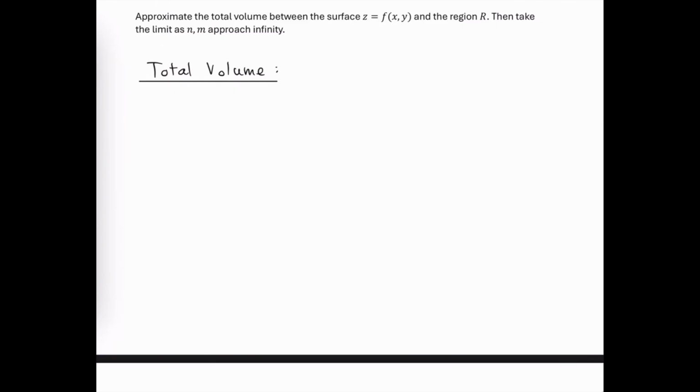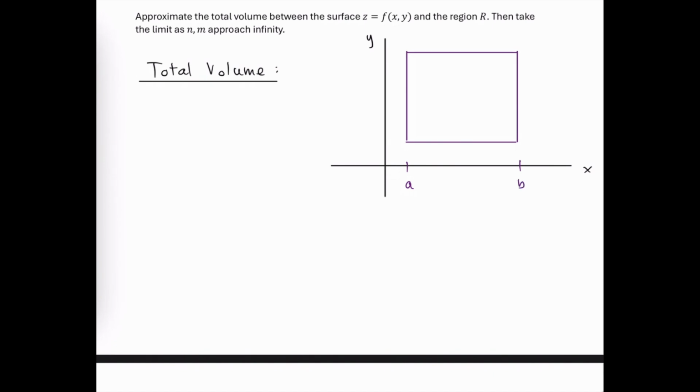So in order to talk about an approximation for the total volume, let's take a close look at this rectangular region in the two-dimensional floor, where x went from a to b and y went from c to d. We're basically considering the ith subinterval in the direction of x and the jth subinterval in the direction of y to get the R_ij rectangle in the floor, where x sub i and y sub j was the ordered pair that we flew up to the surface.